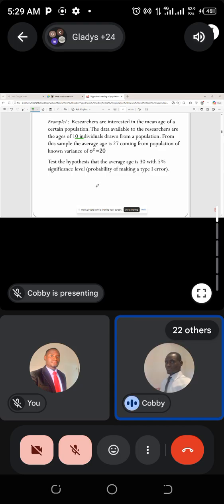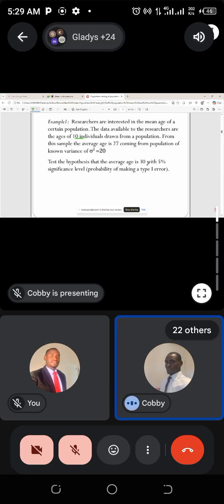Okay, great. Yeah, so they are telling us to prove or to test if this sample, which has the 27 average age, is coming from a population with the average age of what? 30.